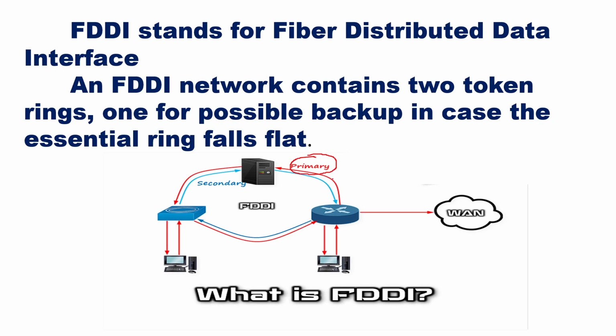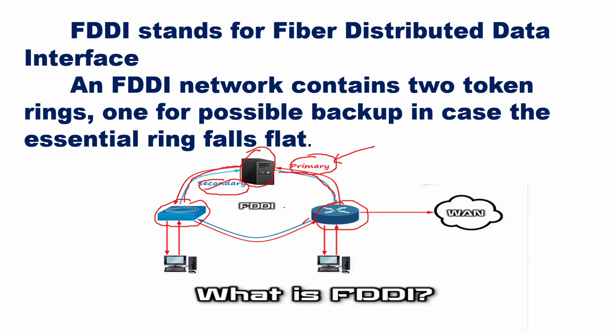That red line is your main line, and these are the nodes, the computers or terminals, which are going to connect to this fiber. If any breakdown takes place in this primary, then the secondary optical fiber will come into picture, and that fiber will see that the data continues to flow.